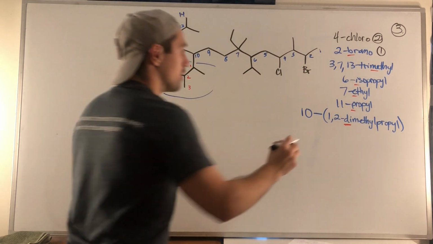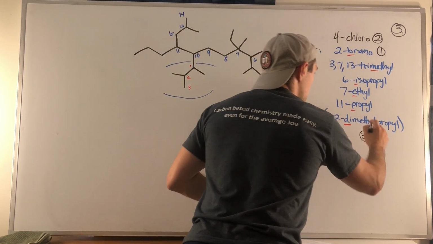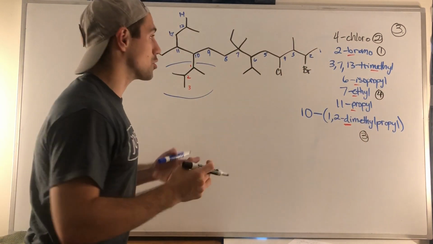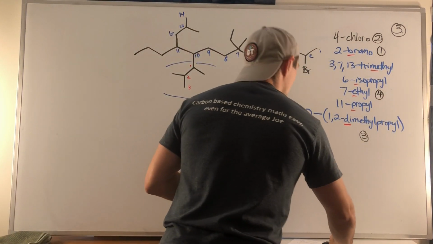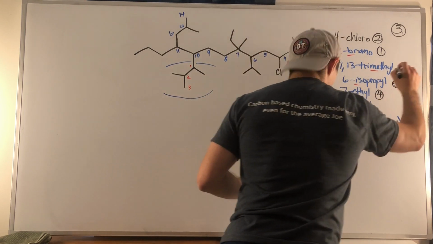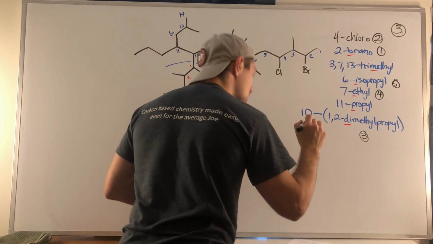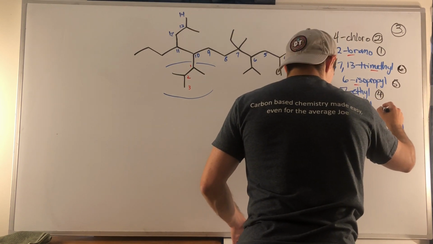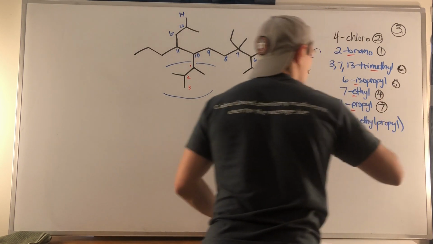The D for dimethyl propyl takes 3, 4 for ethyl. See, it's hard to do the alphabet when you're recording. And then for 5, we have isopropyl. And then for 6, we have the trimethyl. And then last but not least, bringing up the rear at 7, P for propyl.